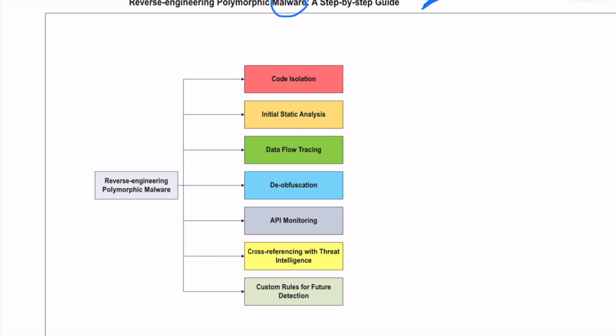So polymorphic malware, such as Black Mamba, which we spoke about in one of the other videos, is a proof of concept polymorphic AI-based malware that changes the code every time it attacks. Black Mamba dynamically changes the structure of its code base to evade detection mechanisms.